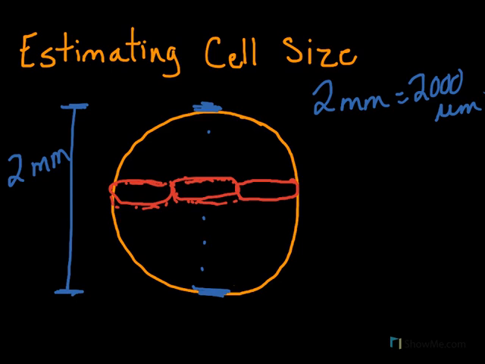So now we're going to be working with microns for the rest of the time. Take your 2,000 microns and divide it by the number of cells going across our diameter: 1, 2, 3. By the way, we can measure our diameter going from left to right or up and down if it's a perfect circle, which we're trying to draw here. So we divide by 3 cells.